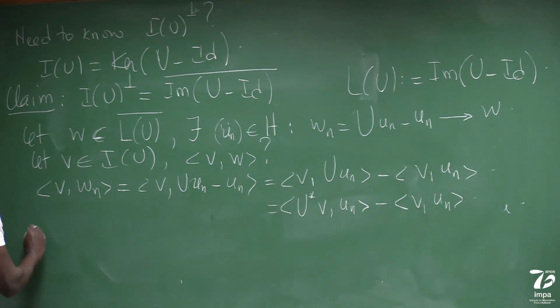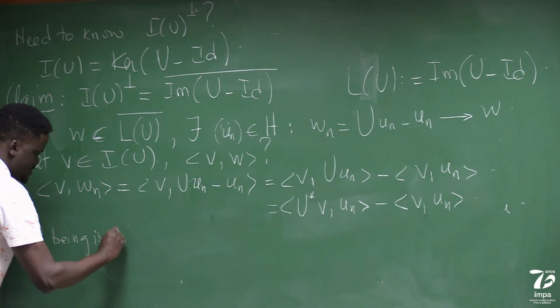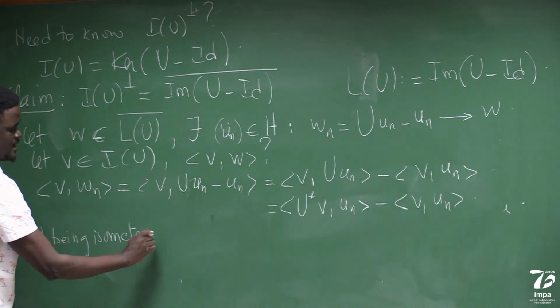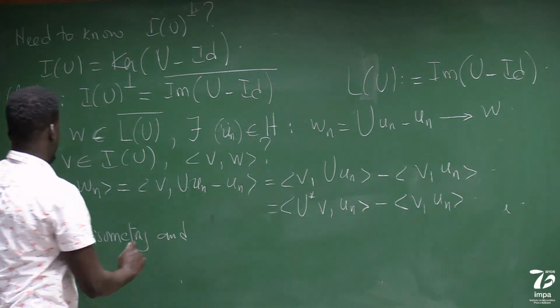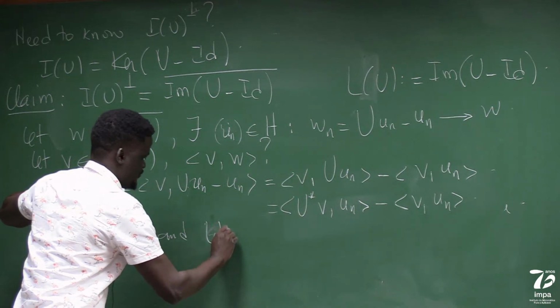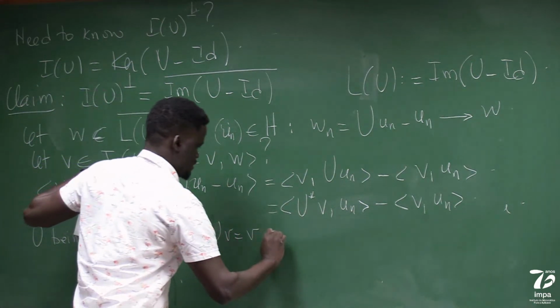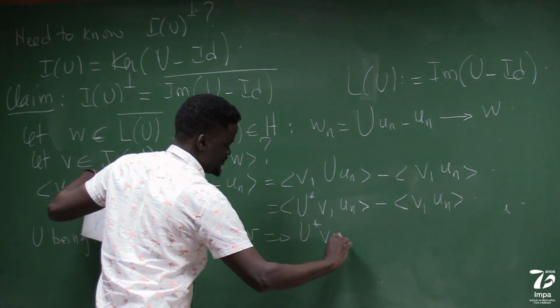Here U being an isometry, this is the point where we use isometry, and the fact that v is in I_U, so U v equals v, this also implies that U* v equals v.